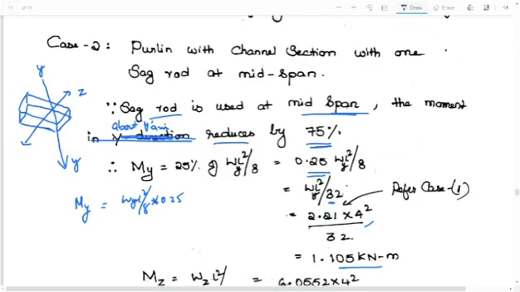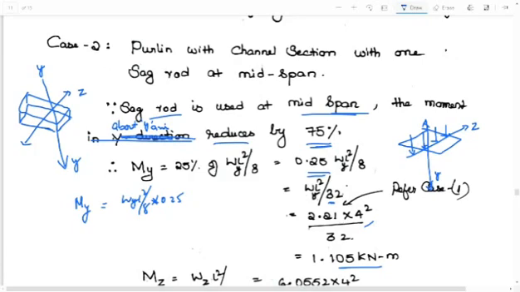So when load is acting, let me take this figure. This is the perpendicular axis y and this is z. So when load is acting on this, it is going to bend about z.